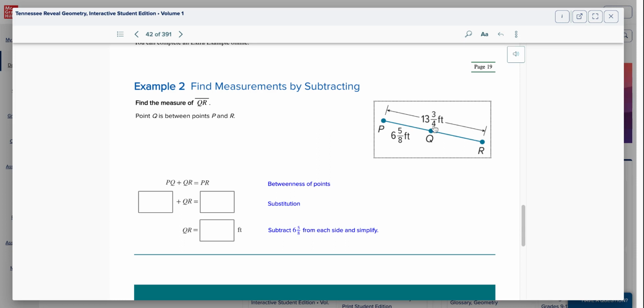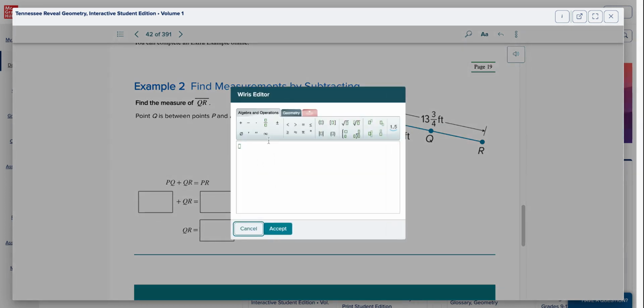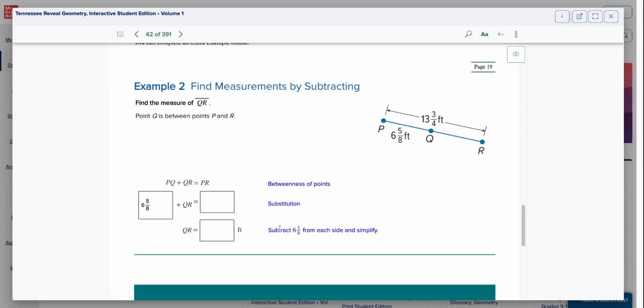So PQ plus QR is PR. So PQ is 6 5/8. So let's see, I got to go here to get a mixed number. So I'm going to put a 6 in front and 5 in the top, 8 in the bottom. So I'm going to hit accept, put that in there.